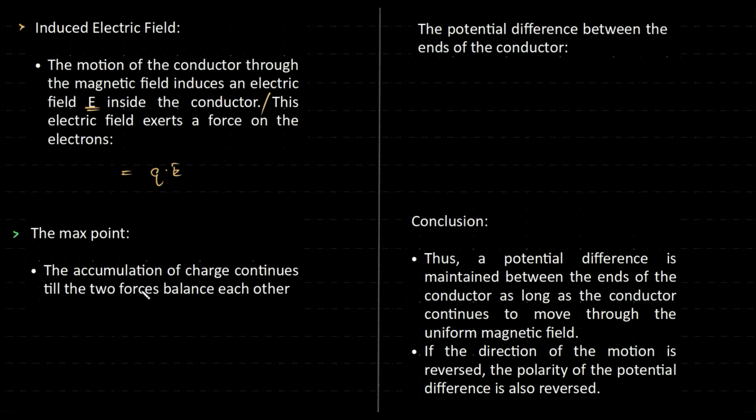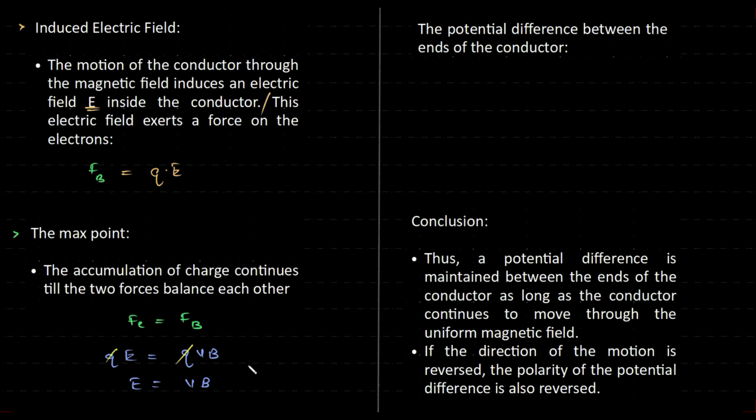So the accumulation of charge continues till the point where FE is equal to FB. This FB is because of the magnetic field. So basically QE is equal to QVB. Therefore, E is equal to VB. Q and Q get cancelled and we have this expression.